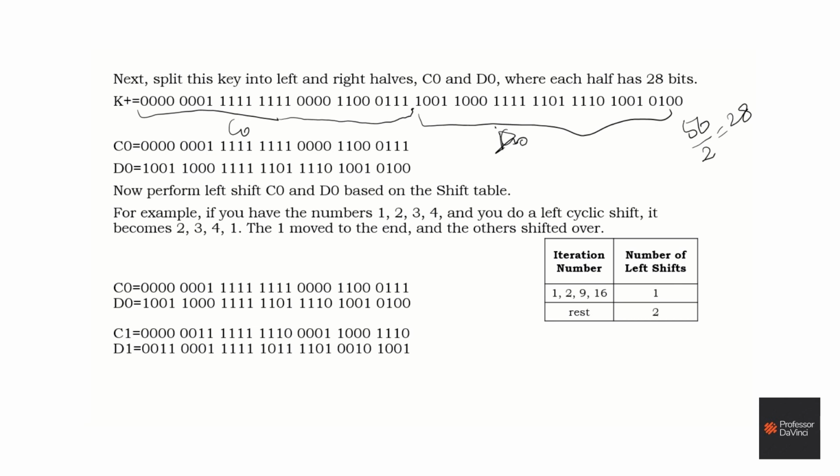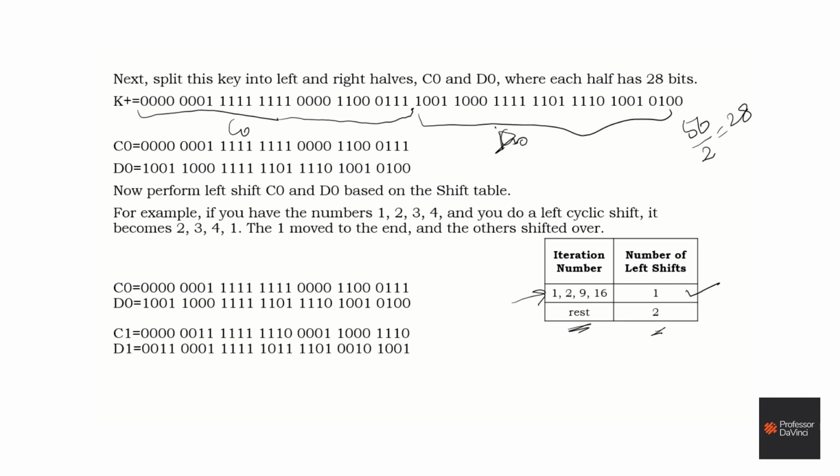Now we need to perform the left circular shift 16 times, because we need to get 16 subkeys. We perform a left shift based on the table given here. In the first, second, 9th and 16th iterations, we perform a 1-bit circular left shift, and in the rest of the iterations we perform a 2-bit shift.